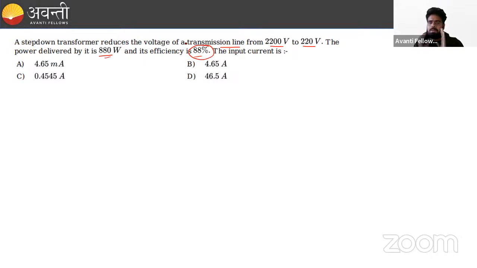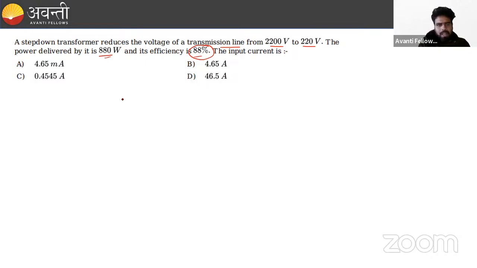So we can say 100% of the power input is not converted into power output. 12% of the energy is lost in some form, such as eddy current losses or heat losses. That is not part of our discussion, but we know that 88% efficiency means 88% of the energy is utilized.